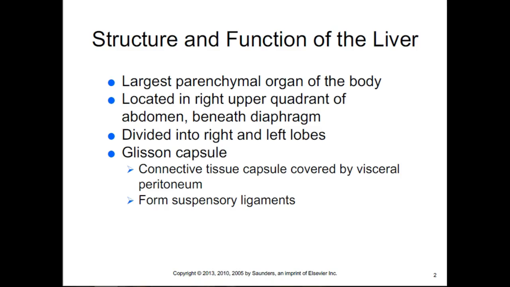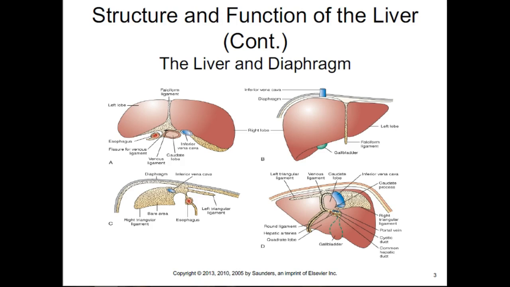It is divided into right and left lobes, and it has a capsule around it, which is very important. It's also covered by the visceral peritoneum, and it has suspensory ligaments that we're going to talk about very briefly. If not, you want to go back to the anatomy and look at the anatomy of the liver. There are some really good pictures in the first couple of pages of your book.